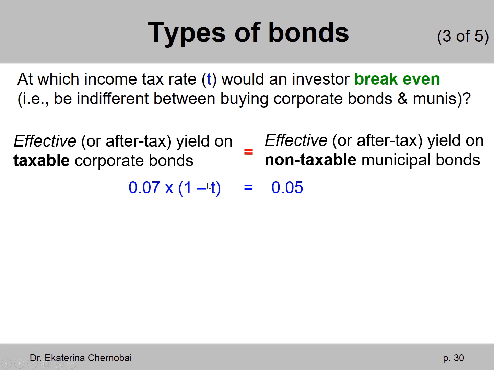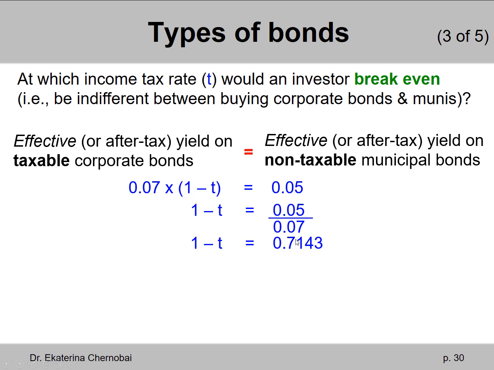To solve this little equation, we can first move 0.07 to the right, and mathematically we would be dividing 0.05 on the right-hand side by 0.07, and now on the left-hand side we are just left with 1 minus t, and then we want to have t equals everything else.